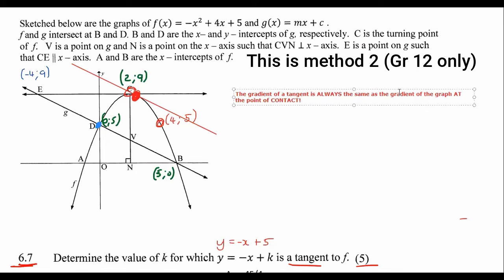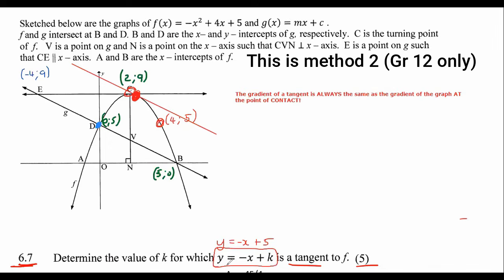Okay, so that's something that you always need to remember. The gradient of a tangent is always the same as the gradient of the graph at the point of contact. So the gradient of this tangent will be the same as the gradient of the graph at the point of contact.